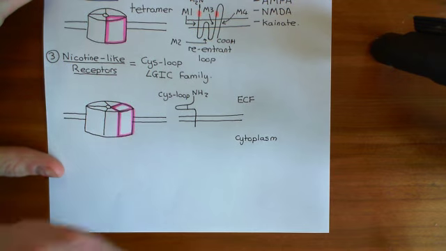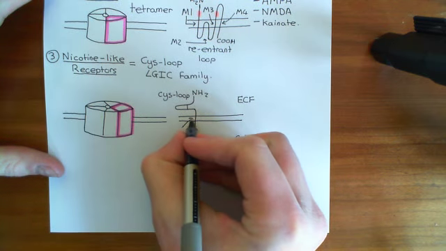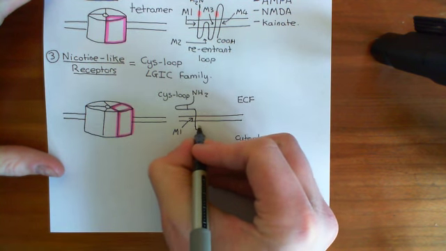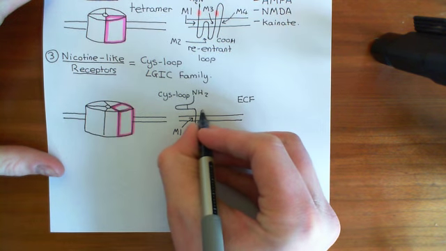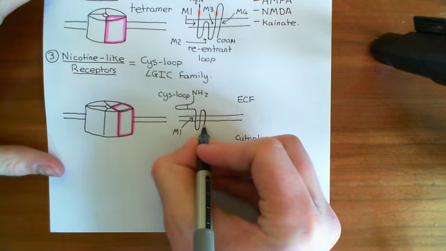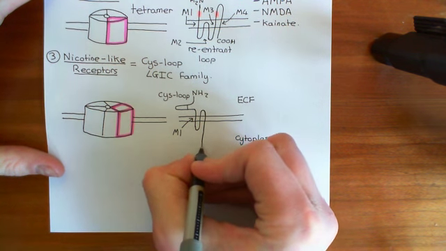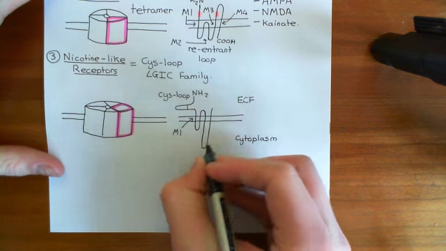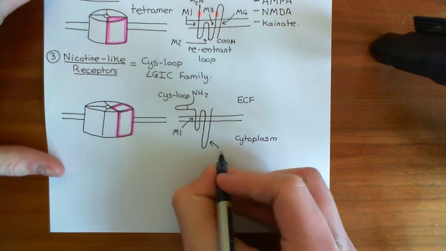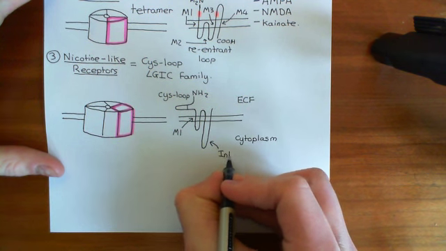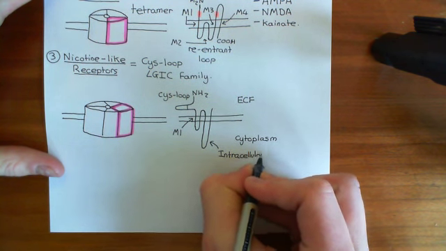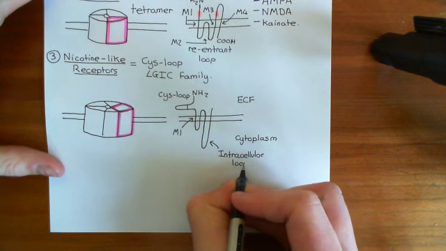Then you have your first membrane-spanning alpha helix, called M1. Then it continues on. You've got your second membrane-spanning alpha helix, M2, and a third membrane-spanning alpha helix, M3. You have a very large loop between M3 and M4, which is called the intracellular loop. This little loop that we've got here dangles down into the cytoplasm.